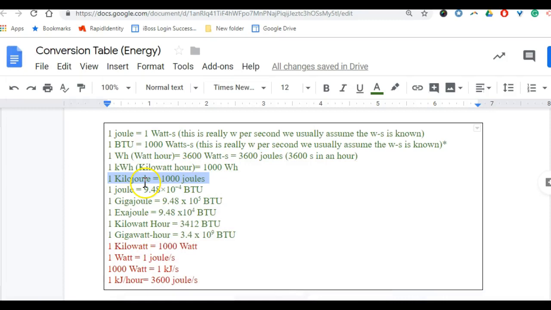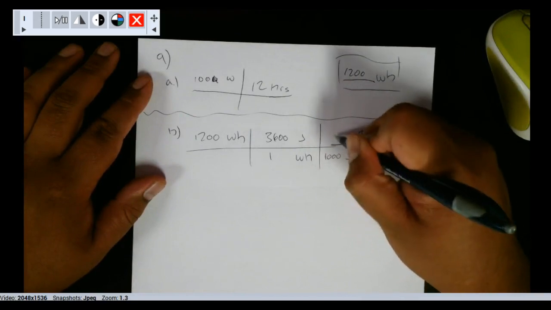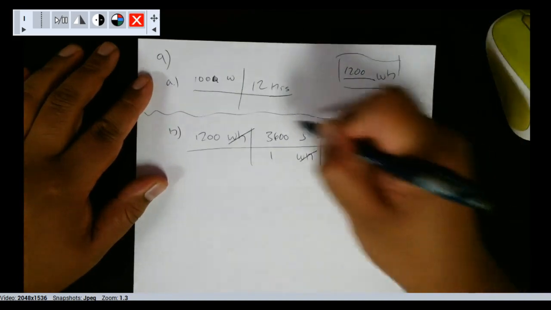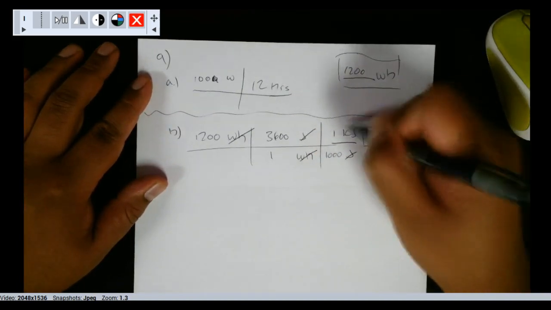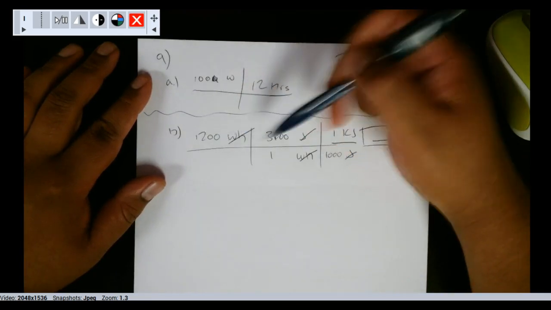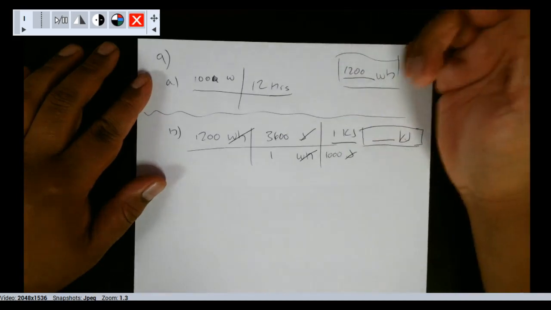It's 1,000 joules to 1 kilojoule. Cancel, cancel, cancel, cancel, left with the kilojoule. So now it's really just 1,200 times 3,600 divided by 1,000.